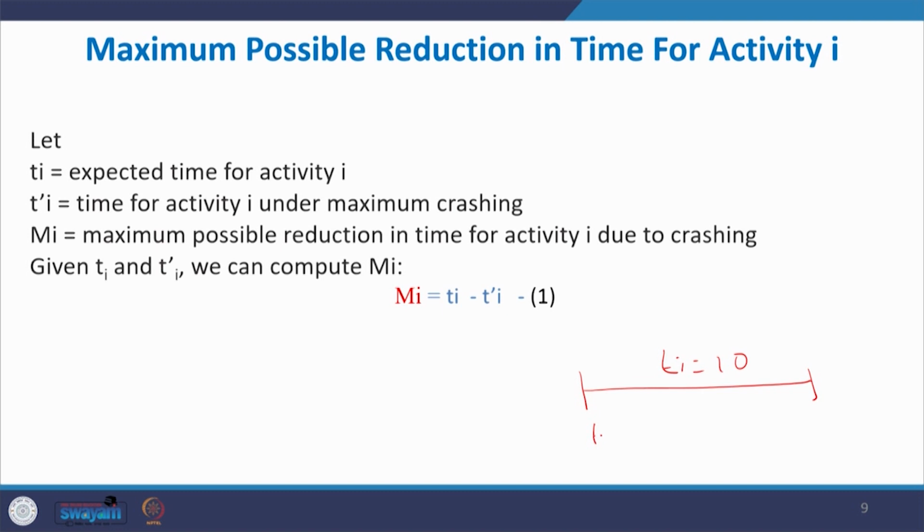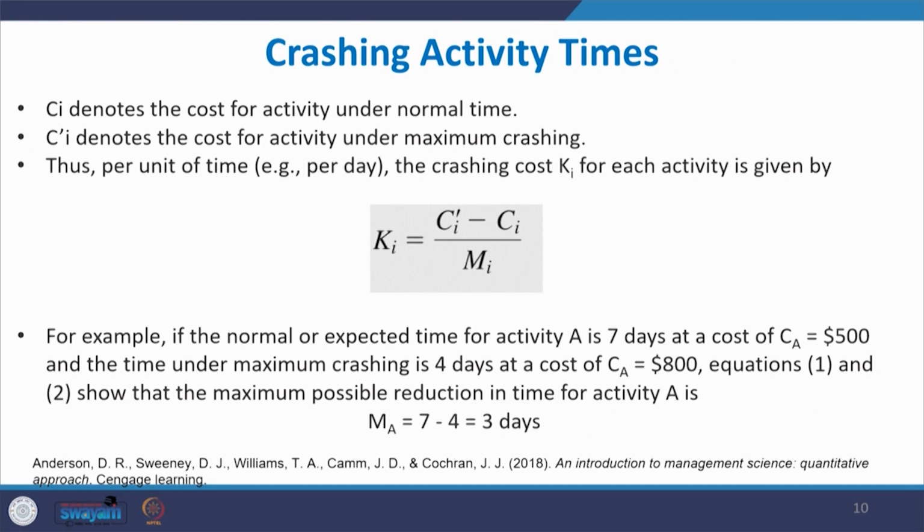For example, I can crash up to, say, 6 days. So, the maximum possible reduction in time for activity i due to crashing, which I can write as Mi, is nothing but this 10 minus 6, so Ti minus Ti dash. Let Ci denote the cost of the activity under normal time. Ci dash denotes the cost of the activity under maximum crashing.